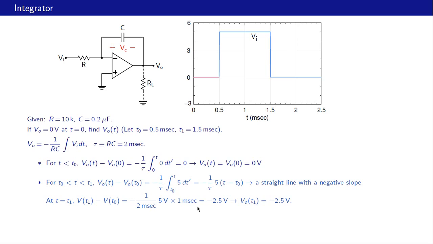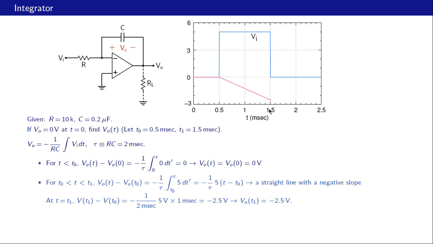So this turns out to be 5 divided by 2 or 2.5 volts. This milliseconds will cancel with this milliseconds and we are left with minus 2.5 volts. So that gives us the output voltage at t1, and that is what Vo of t looks like up to t equal to t1.